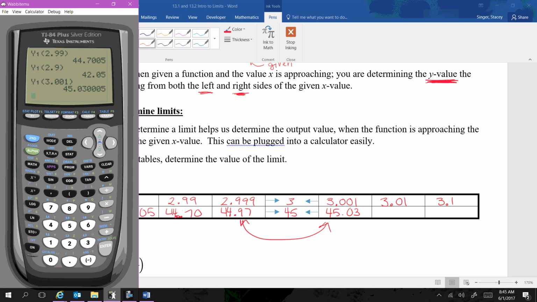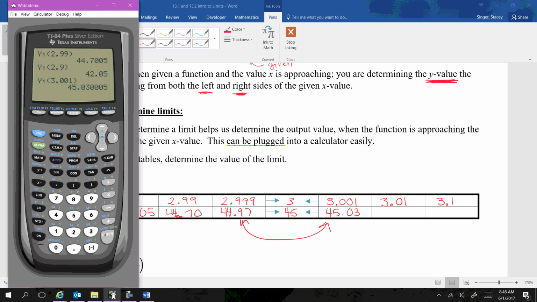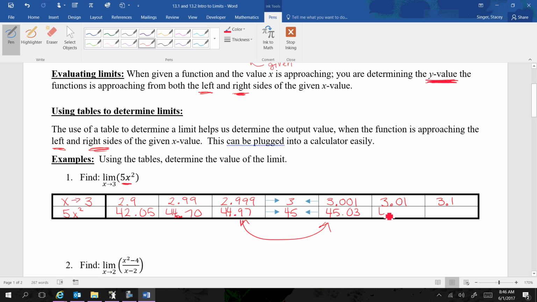So if I were to finish it, to make my table complete, oh, shoot. You're not what I wanted, but that's okay. I get 45.30.